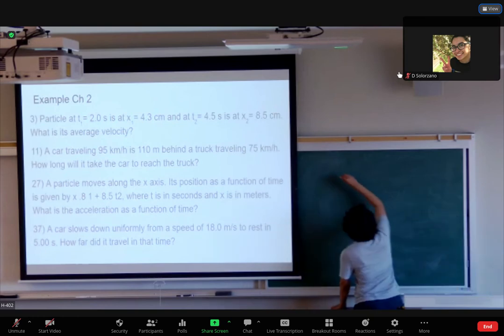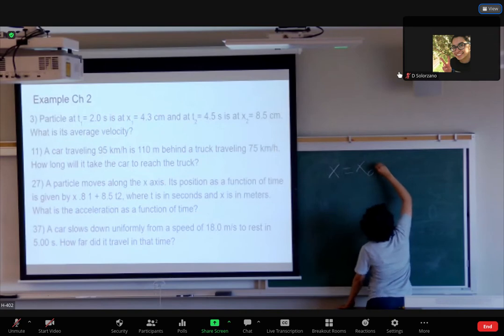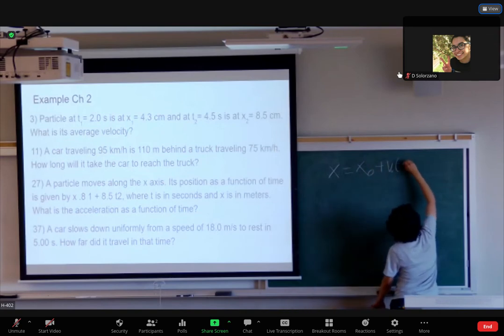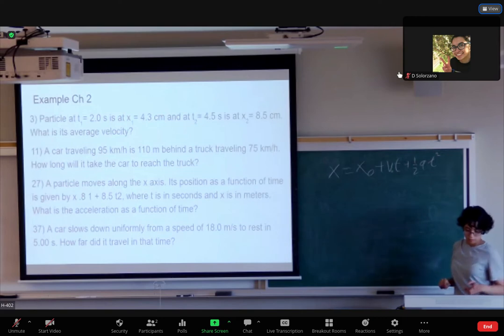That's the x equals x naught plus v naught t plus 1/2 a t squared. Cool? And then from there, it's uniformly, so you can kind of assume that there's no acceleration, because it's not speeding up, or like the velocity is not changing so much.